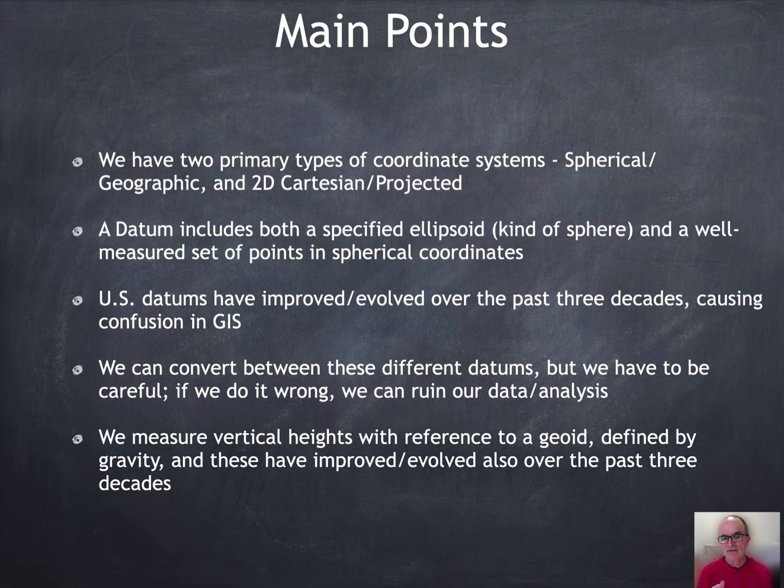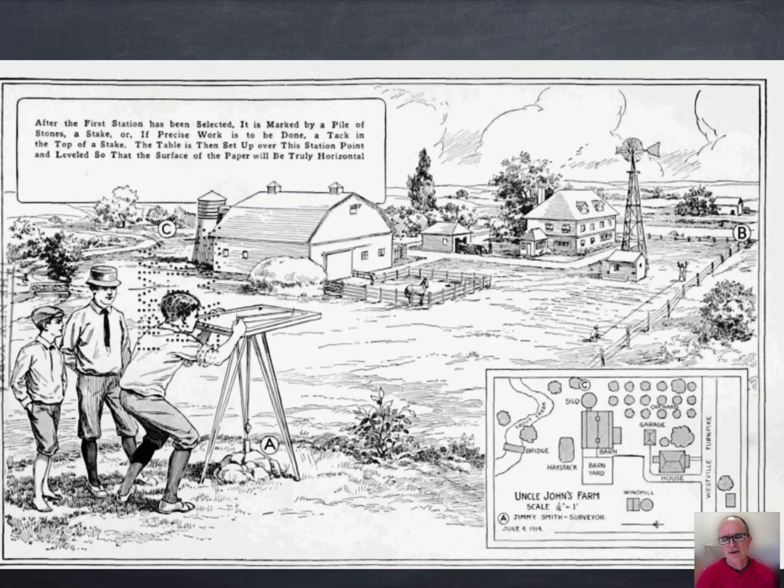And so we have different height bases. Now, they haven't changed as much as the datums have, the horizontal positions. So there's less error, but there still are errors if you aren't careful about using the right, proper vertical datum, proper geoid.